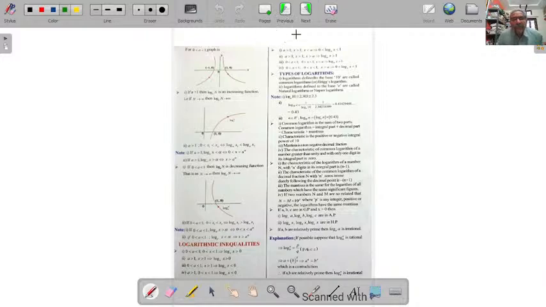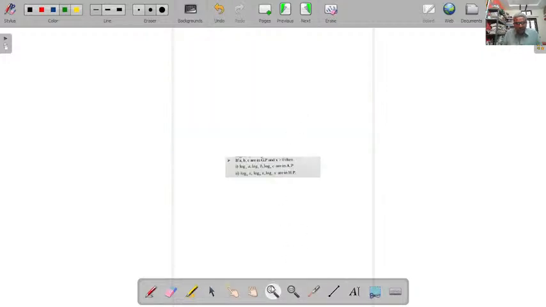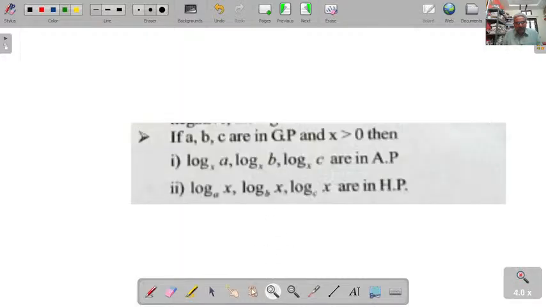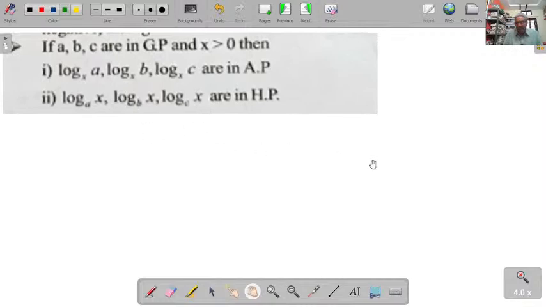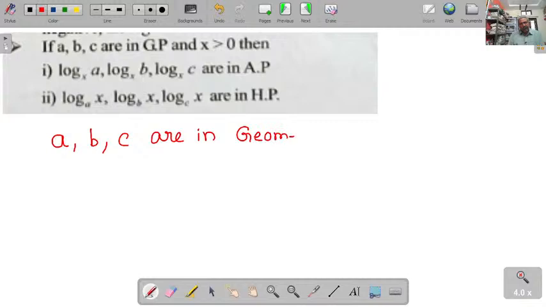Right. So next, one more beautiful concept we need to discuss. This is very, very important while solving the problems. This is the relationship between geometric progression and arithmetic progression with the help of logarithms. Suppose a, b, c are in geometric progression, and x greater than 0, x is positive.